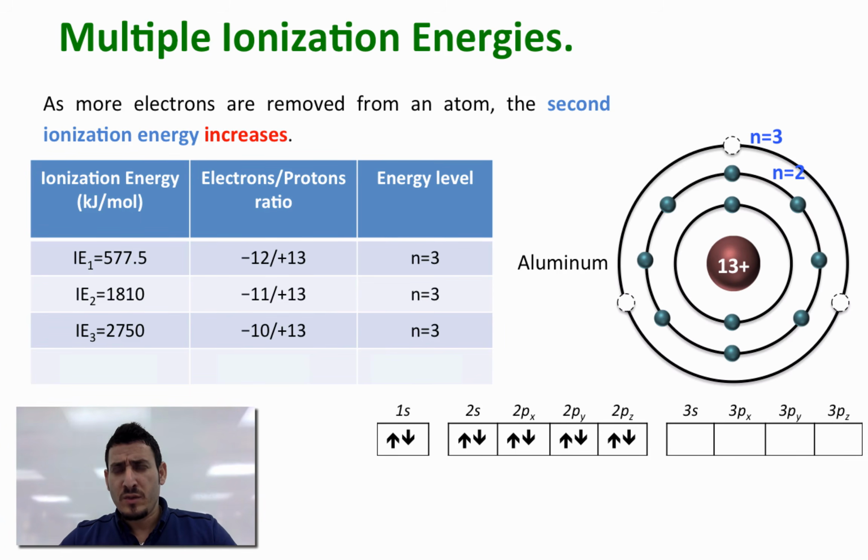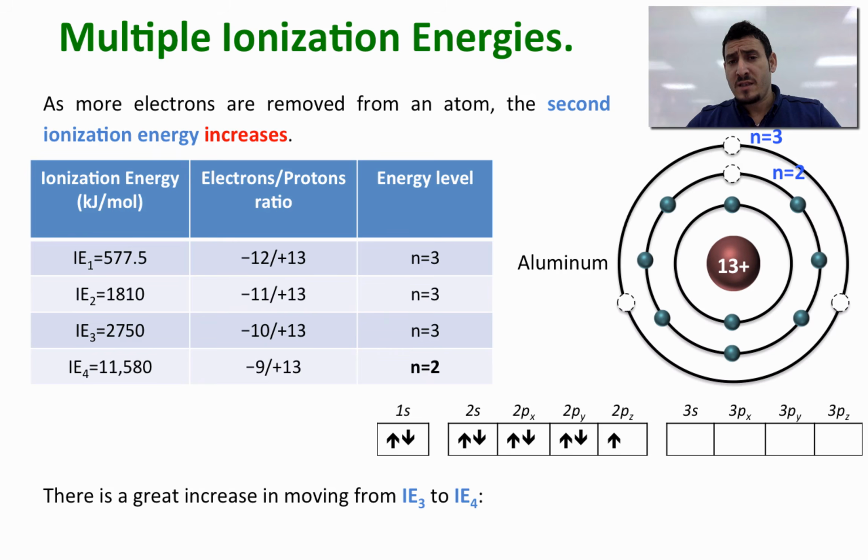Now if we continue removing and we remove a fourth electron, it will be removed from the energy level n equals 2, which means from a shorter distance from the nucleus, and therefore that's going to require great energy. The ionization energy for this electron is 11,580 kilojoules per mole.